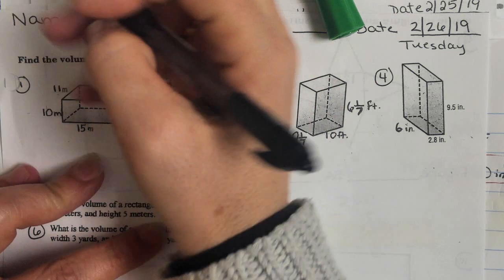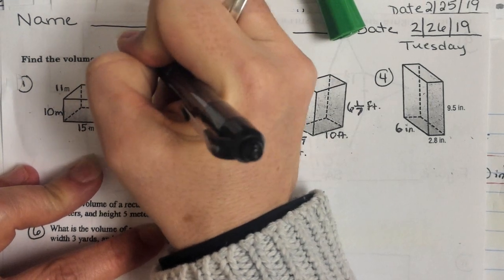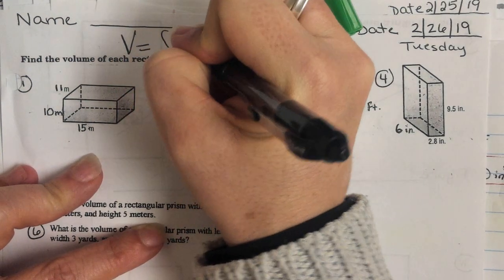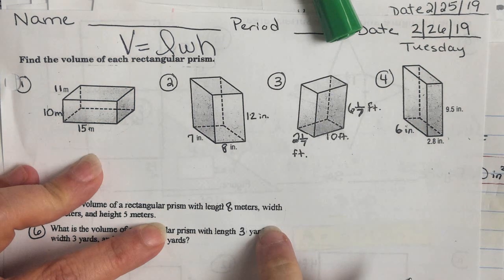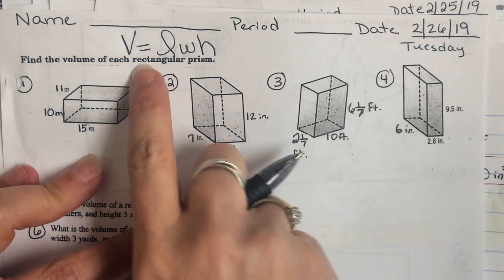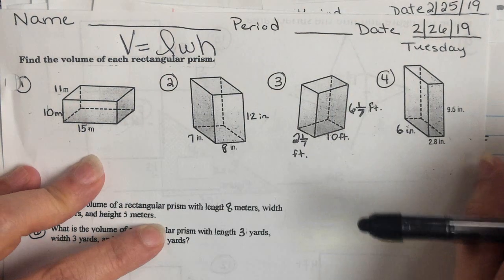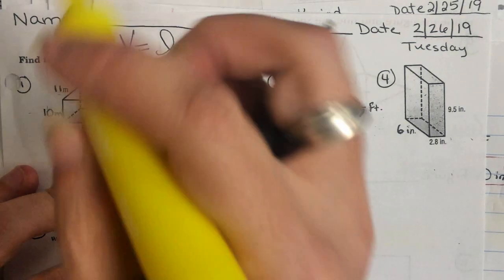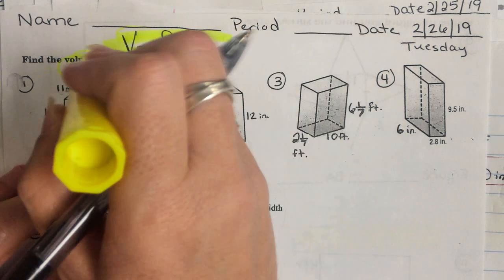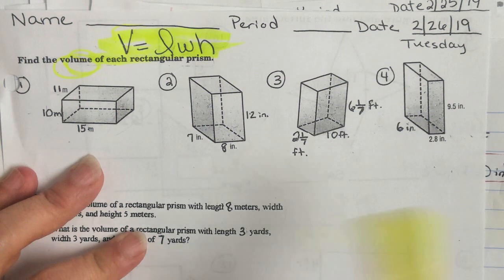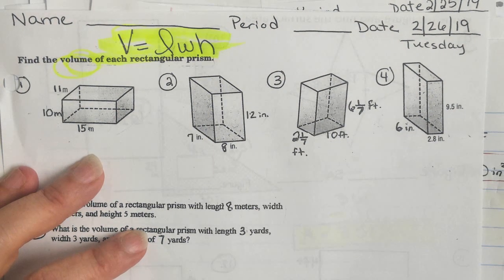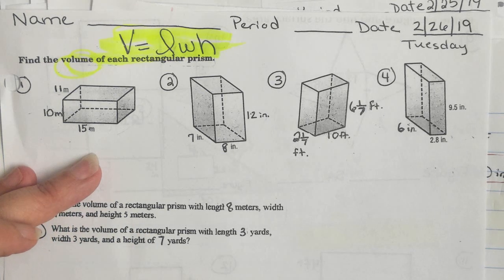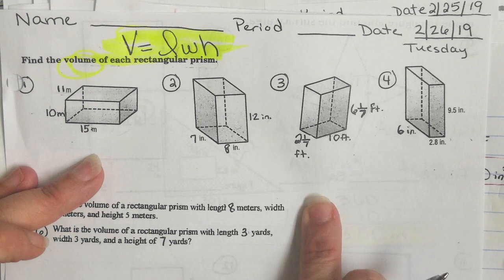The formula is volume equals length times width times height. Volume equals length times width times height. Any volume. Okay. Now, going down, honestly, these are all just regular volume.